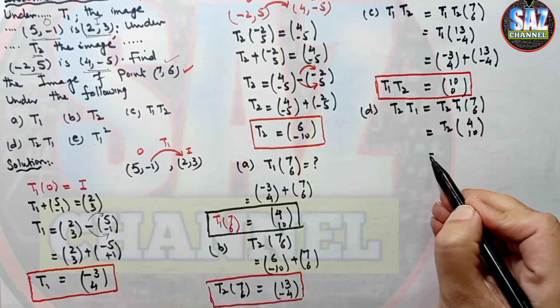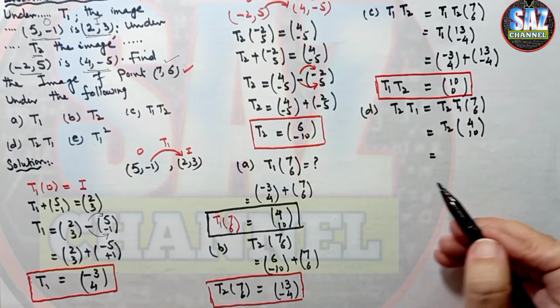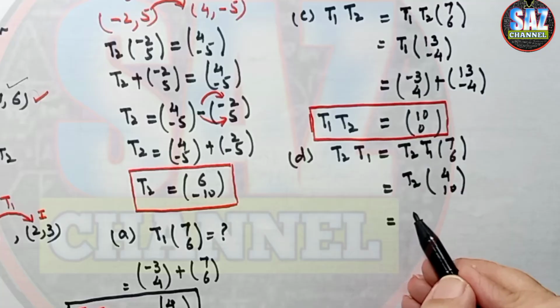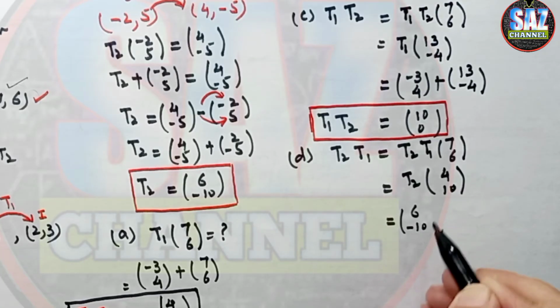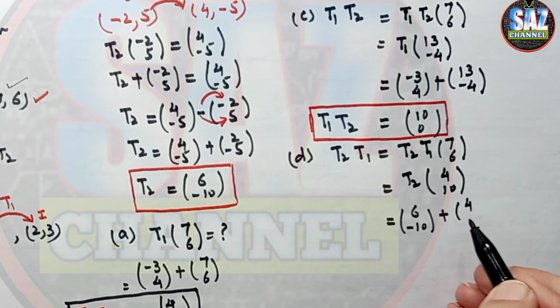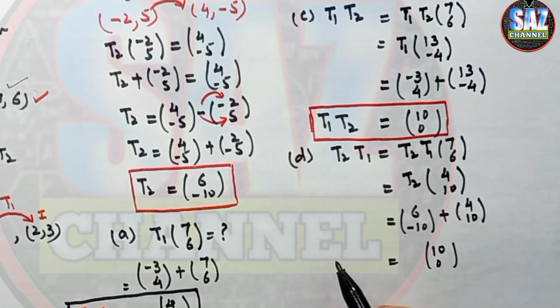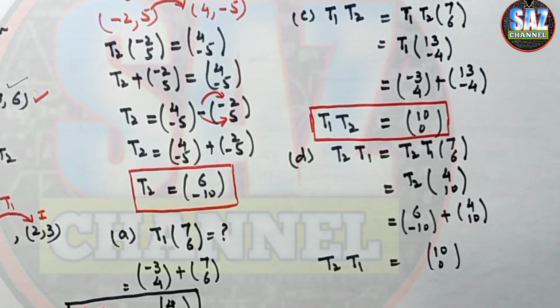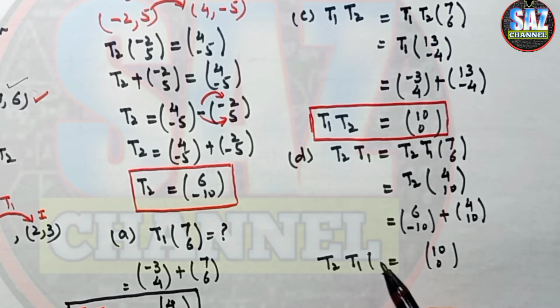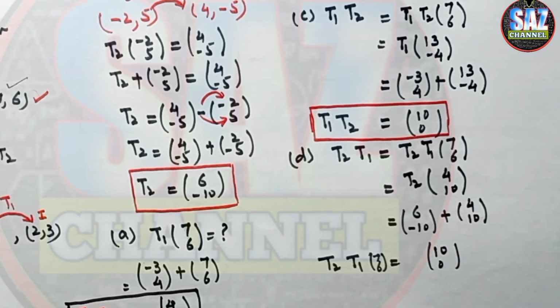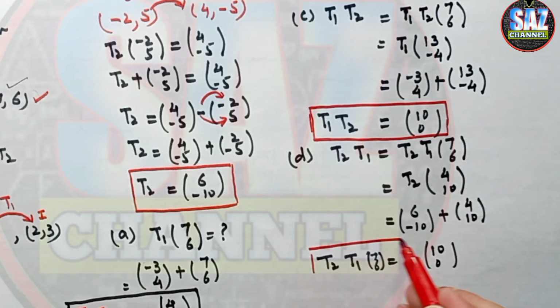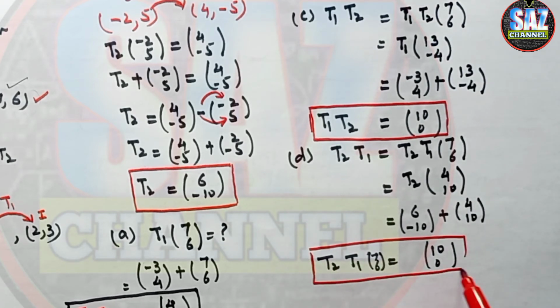Now the translation vector T2 is (6, -10). (6, -10) will be added to (4, 10), and 6 plus 4 is 10, and minus 10 plus 10 is 0. So this will give me T2 T1 of (7, 6), and let me block the answer.